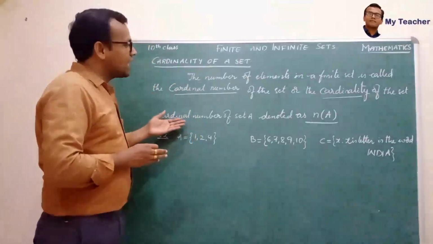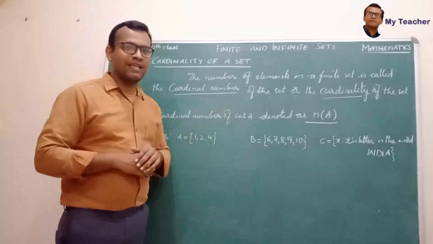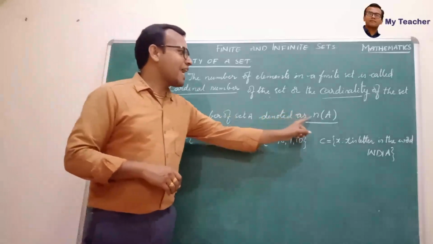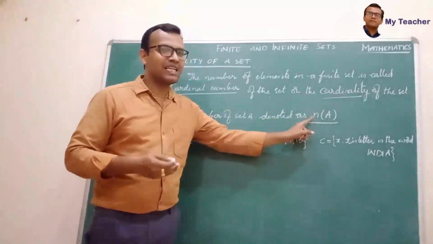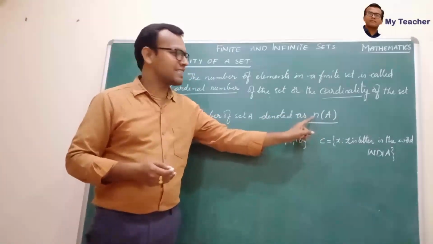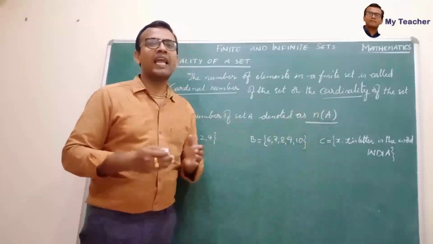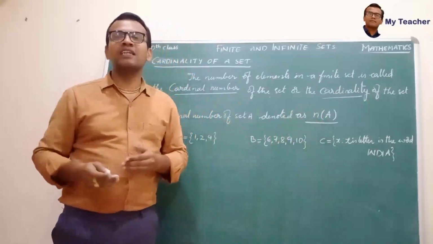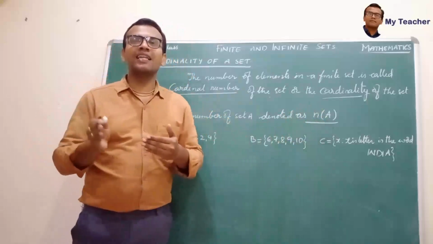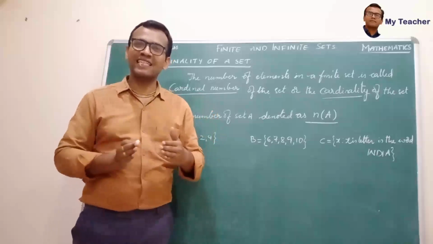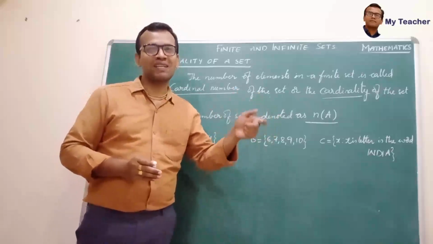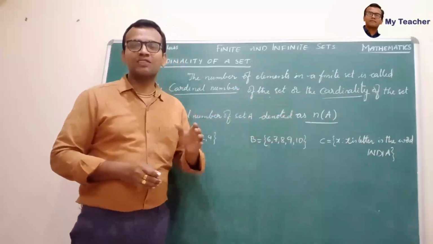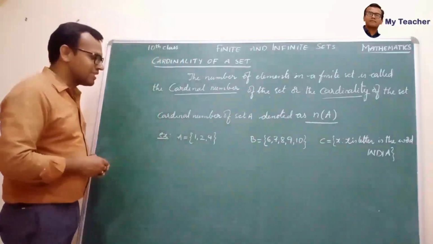Now, the cardinal number of a set A is denoted as n(A). So like this we denote the cardinality of a finite set: n(A), n(B), n(C). n(B) means the cardinal number of set B. n(C) means the cardinal number of set C, means how many elements are present in set C. So let's see a few examples here.